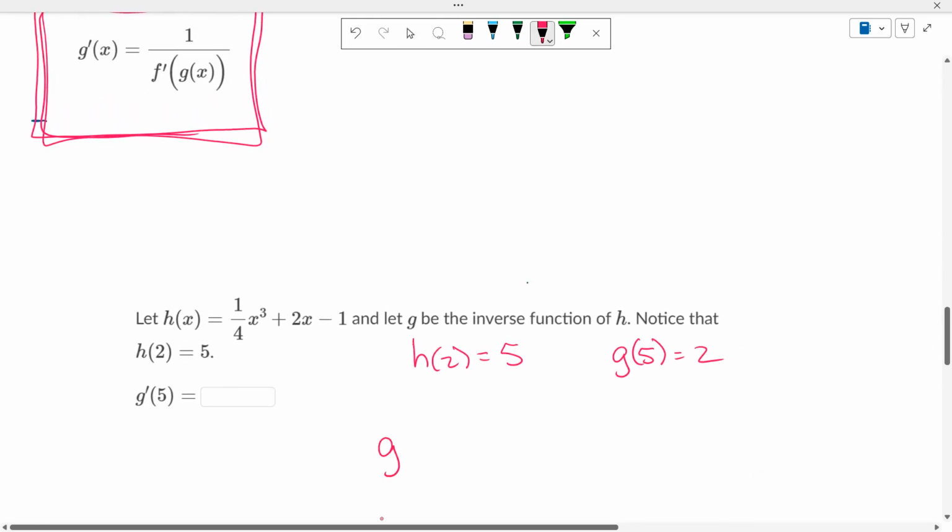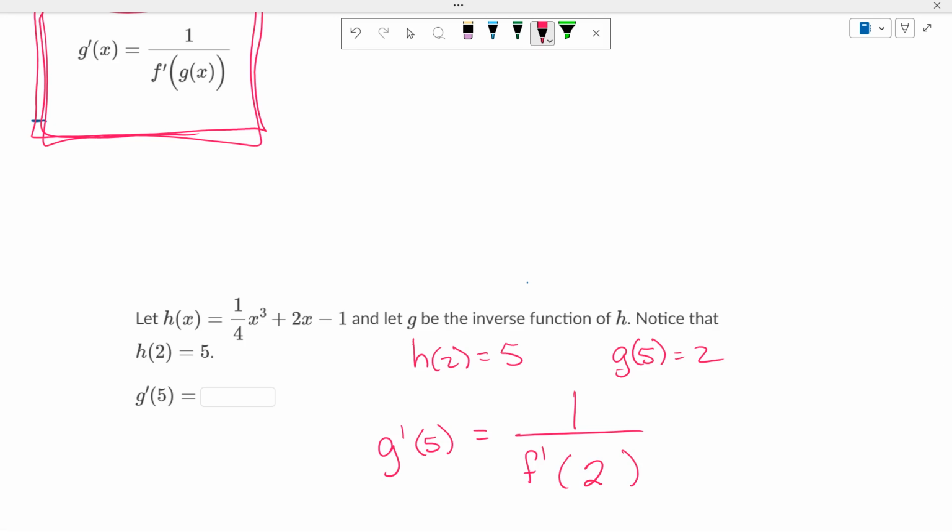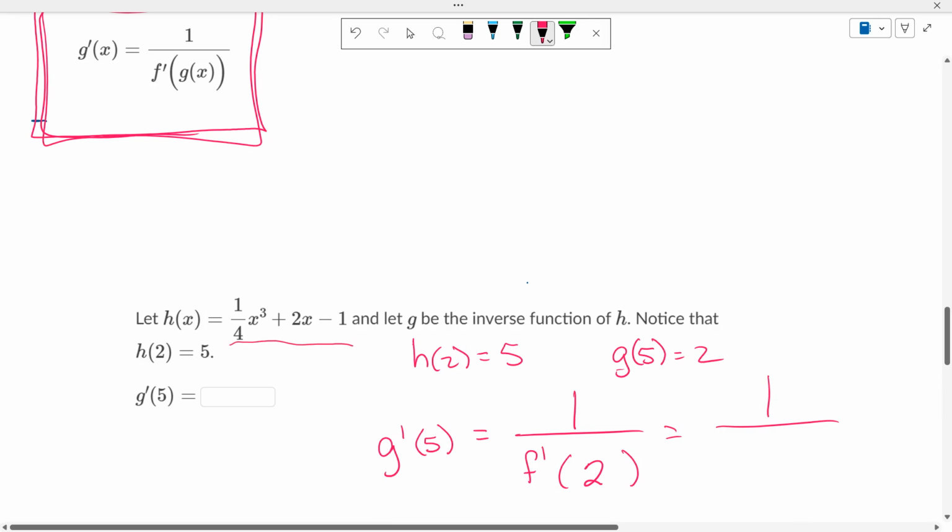the first derivative of g, which is the inverse, at 5 equals 1 over the first derivative of f of the g function. Well, g of 5 equals 2, so it's the first derivative of f at 2. So then it's 1 over, what is the first derivative of this? Oh, I'm using f's where it should be an h.